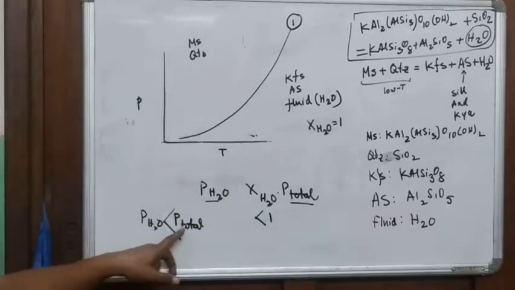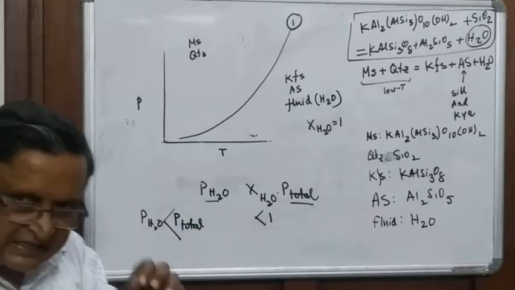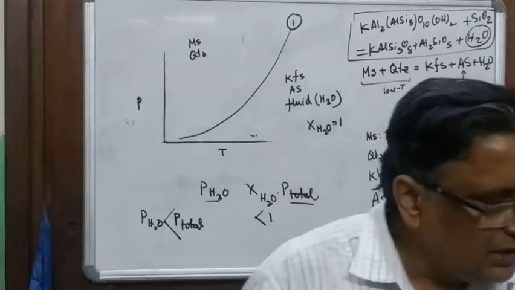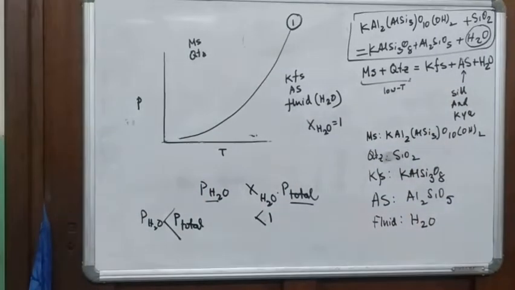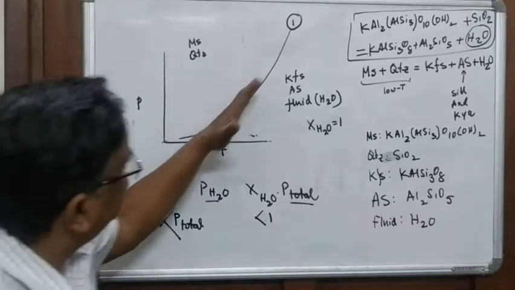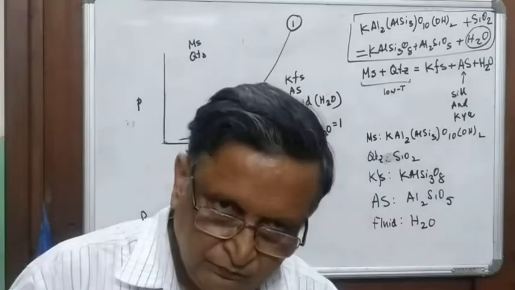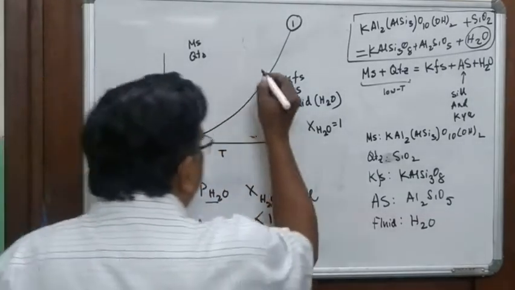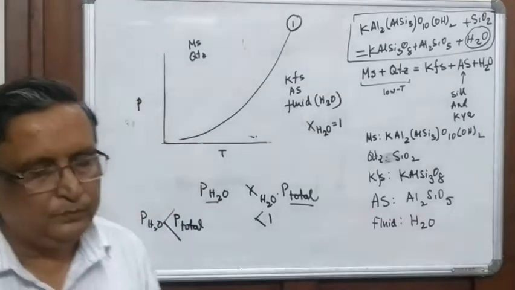If pH2O is less than the P total, then XH2O necessarily should be less than 1. So what happens to this graph when XH2O decreases? You have to find out, but I will give you the clue.